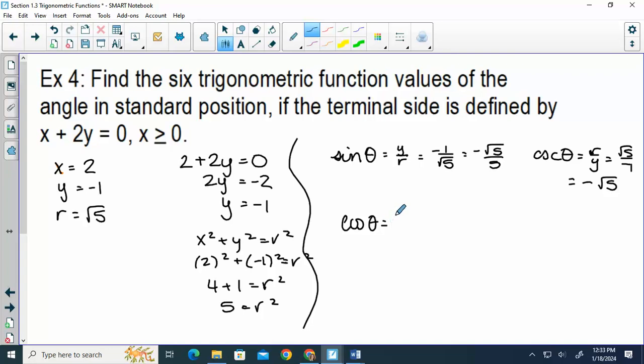Cosine, the definition of cosine is x over r. So 2 over the square root of 5, or 2 radical 5 over 5. What is the reciprocal of cosine? Secant. So secant is r over x.